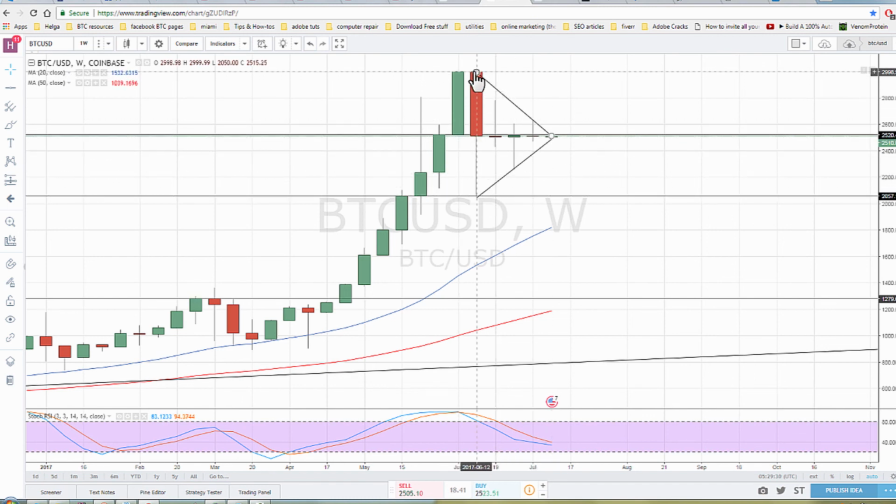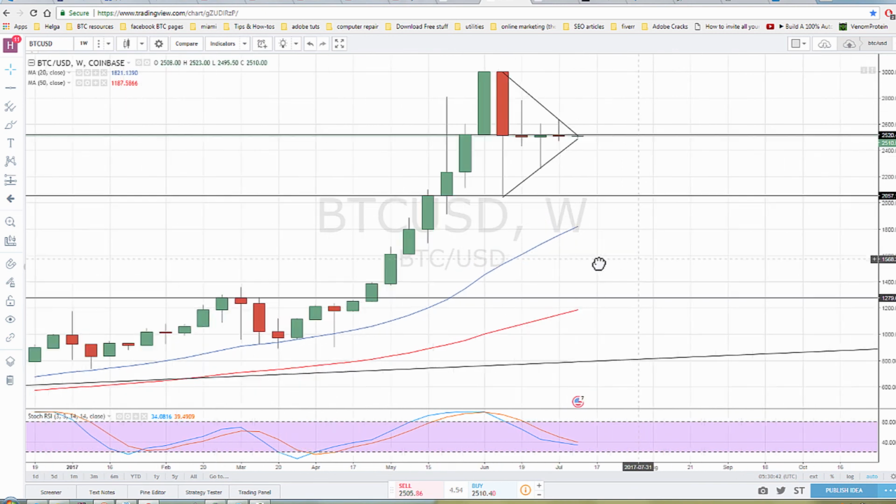When you see a symmetric triangle, it's not bearish and it's not bullish. It's a trend continuation. So because we come from an uptrend, it should continue to go up. If we were coming from a bear trend, then this would indicate that it's going to continue the bear trend. So symmetric triangles just indicate a continuation of the trend. So I think it's more probable that it will go up than down on the weekly candles. That's what I can see.